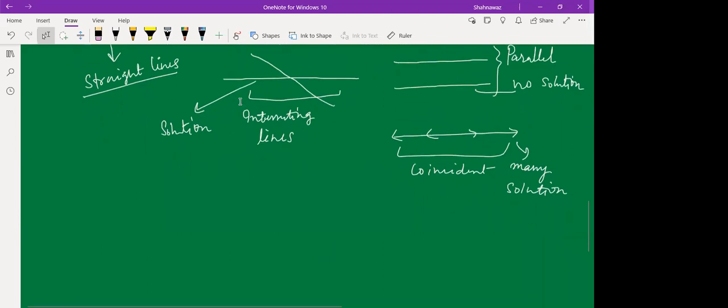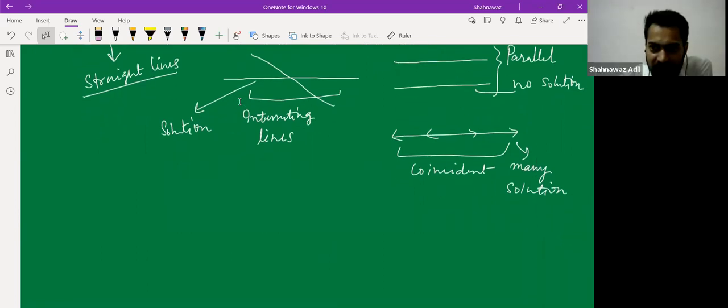Adil, did you understand three scenarios? Yes. So when you plot the graph of two linear equations, and when you see this kind of scenario, you will say that this graph has a solution, right? And when you draw the graph of two lines and you see this scenario, then you say that there is no solution.